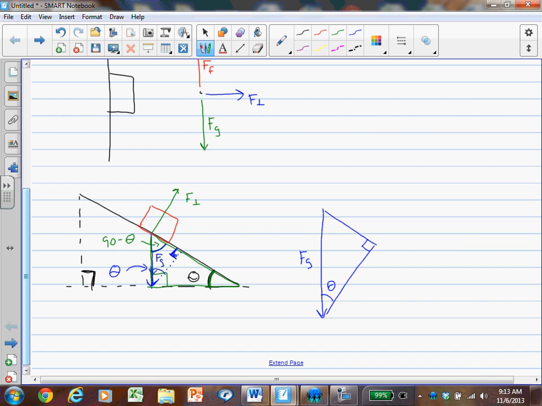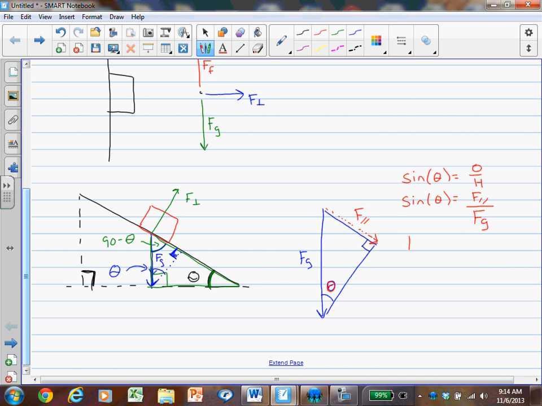If we would like to know the component of the weight force in the direction of the plane, right here, we could get that. If we take sine of the angle theta, sine theta equals the opposite over the hypotenuse. Sine theta equals that new force, which we're going to call F parallel because it's parallel to the plane, just like we had g parallel, over Fg.